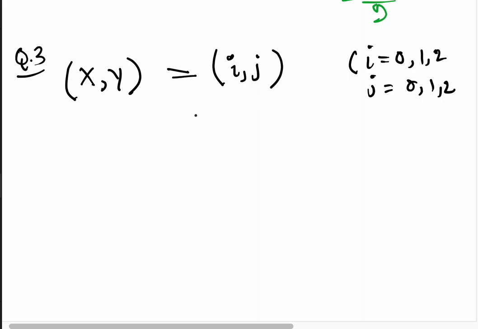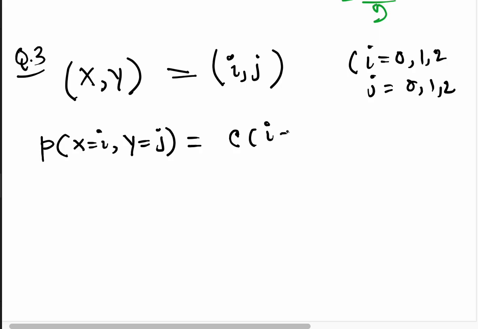Now, since it's a discrete probability, what is the probability that x equal to i, y equal to j? It is simply c times (i plus j).